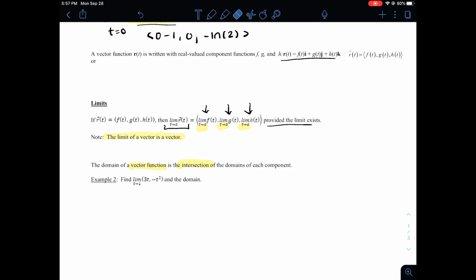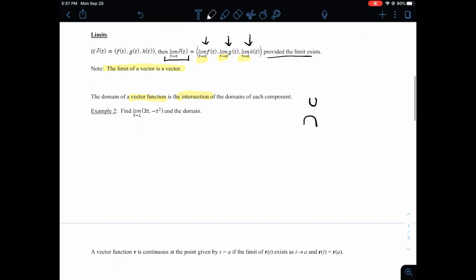Now we're going to use the intersection. That's an upside down, kind of like an N, for intersection. That means we're going to have to look at where the domains overlap.